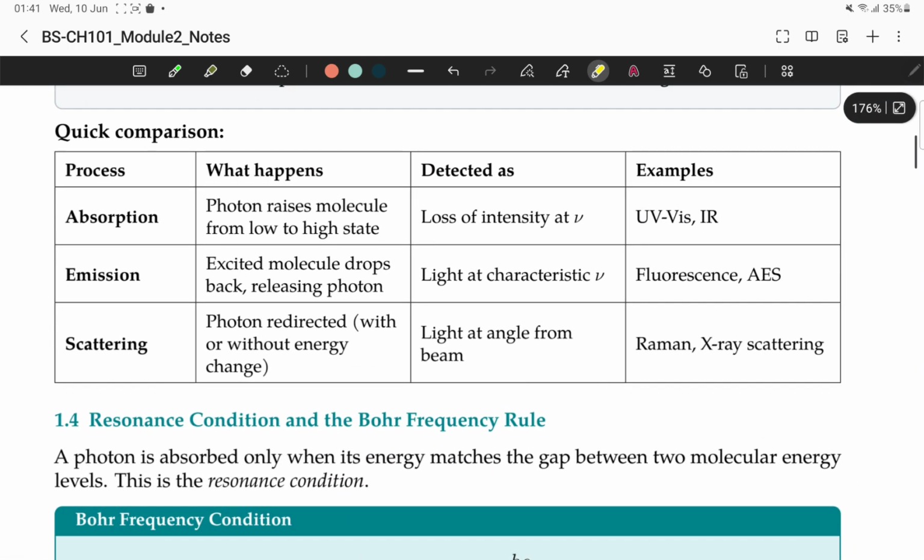Here you can see a quick comparison between absorption, emission and scattering. Absorption means a photon raises the molecule from a low to a high state. In emission, excited molecules drop back, releasing photons. In scattering, photons are redirected with or without energy change. In absorption, we see a loss of intensity at a frequency; in emission, new light at its characteristic frequency; and in scattering, light at an angle from the beam.